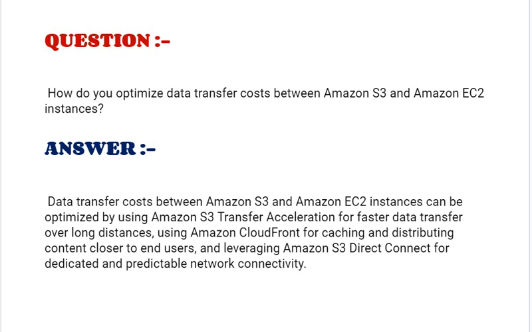Your answer should be: data transfer cost between Amazon S3 and Amazon EC2 instances can be optimized by using Amazon S3 Transfer Acceleration for faster data transfer over long distances, using Amazon CloudFront for caching and distributing content closer to end users, and leveraging AWS Direct Connect for dedicated and predictable network connectivity.